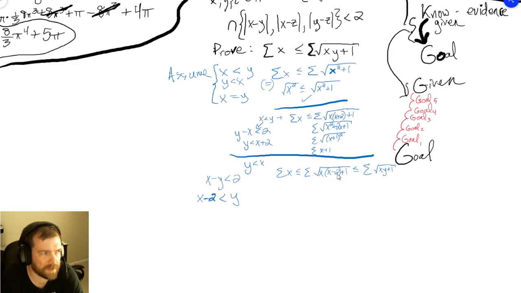Yeah, this is the problem I was having before, I think. This isn't actually necessarily going to be in the center of these two. This is going to be on the other side.